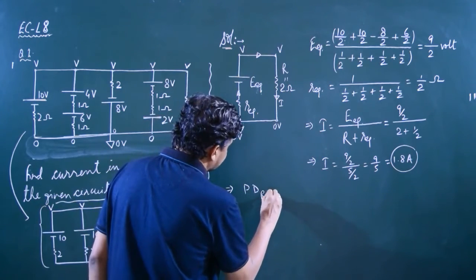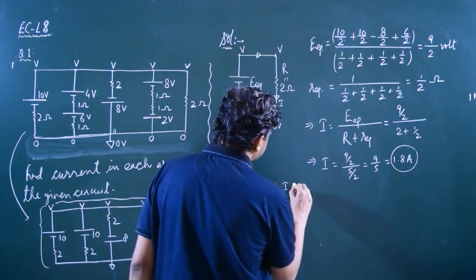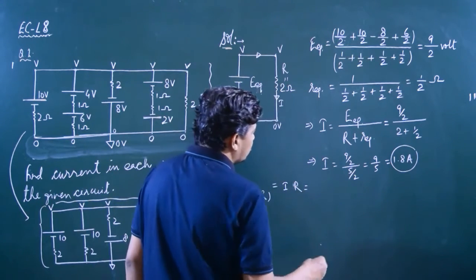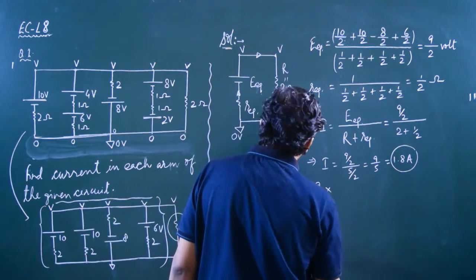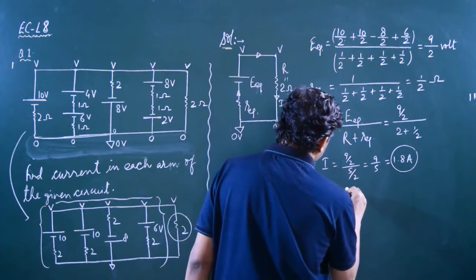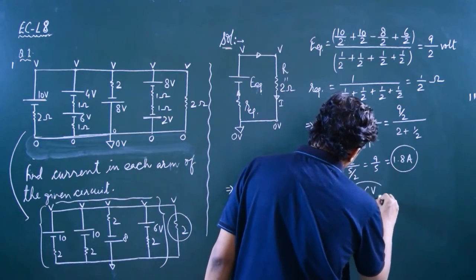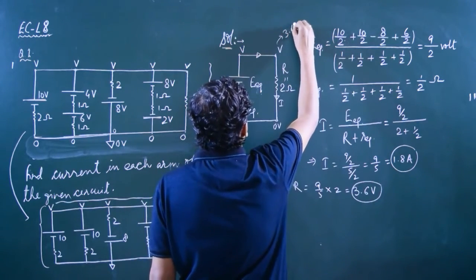What is the potential difference across the resistor? The potential difference across the external resistance is equal to I into R. What is the value of I? That is 9 by 5, into resistance we have 2 ohm, that is 3.6 volt. Here potential is 3.6 volt.